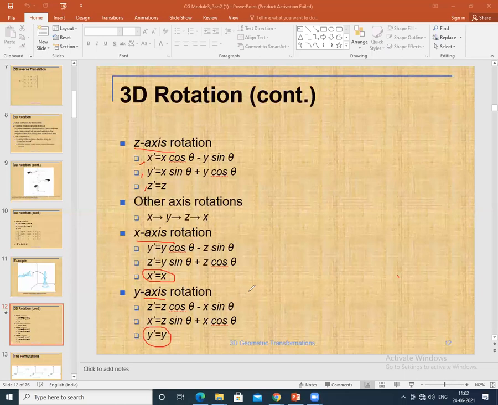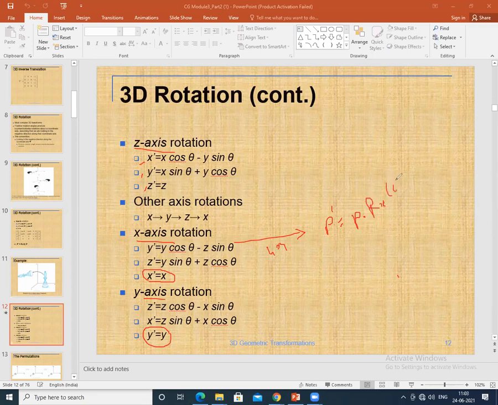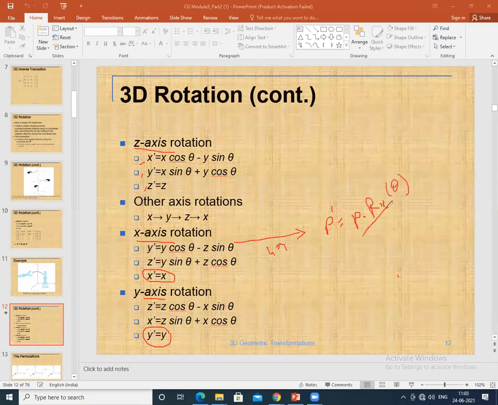Will you write the equations for it, all of you? That is a 4x4 matrix. So how do you write the equation for it? For x axis rotation, if I write P dash as the new point obtained by rotating along the x axis anti-clockwise, it would be P multiplied by Rx of theta.